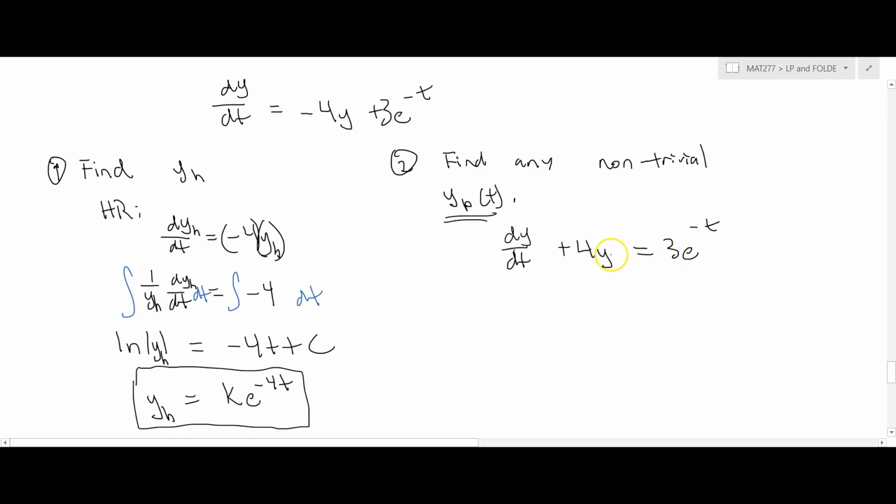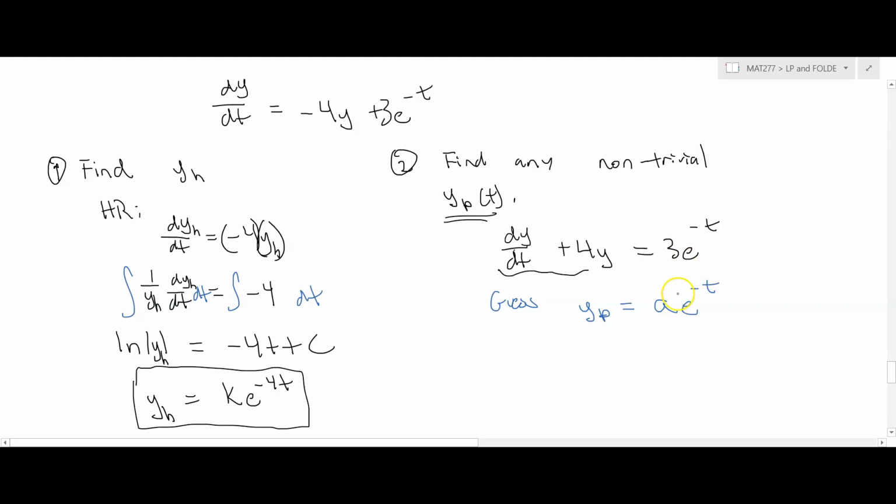Well, the only function that, when I add these two things together, will end up being exponential, and the only function, in fact, whose derivative will be exponential, will be some function of the form... Our guess will be that y sub p has to be some multiple of e to the negative t.